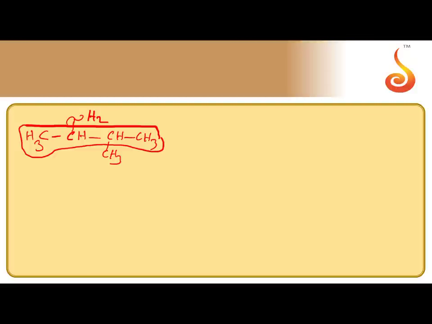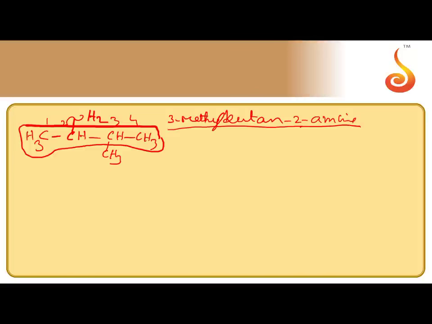Now numbering from the side where the carbon bearing the functional group gets the smallest possible number: 1, 2, 3, 4. 3-methyl, then the root word but, and the primary suffix is ane. Amine is at the second position, that's why you write 2-amine. Otherwise 2 can be mentioned even before amine also. 3-methylbutan-2-amine, like that we can write.